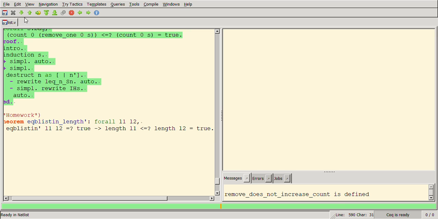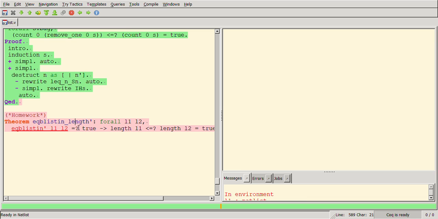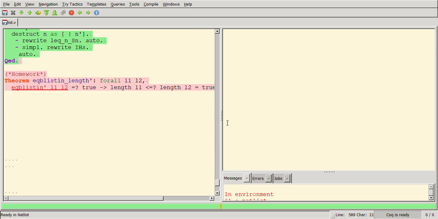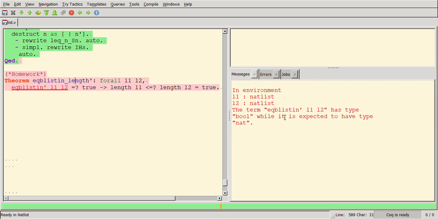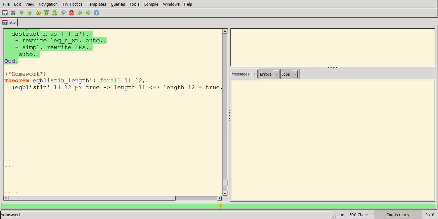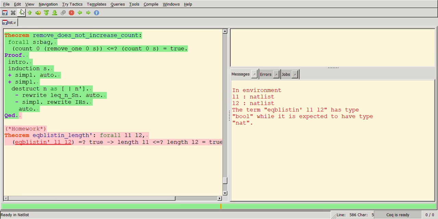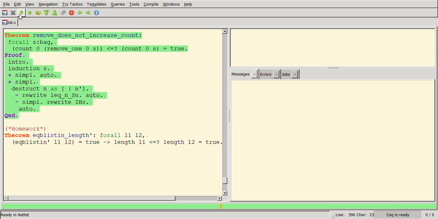Let me compile this, and I think I should introduce some parentheses maybe. Let me see what this error is. The term has type bool while it is going to have type nat. Okay, so Boolean equality of type list is equal to true.